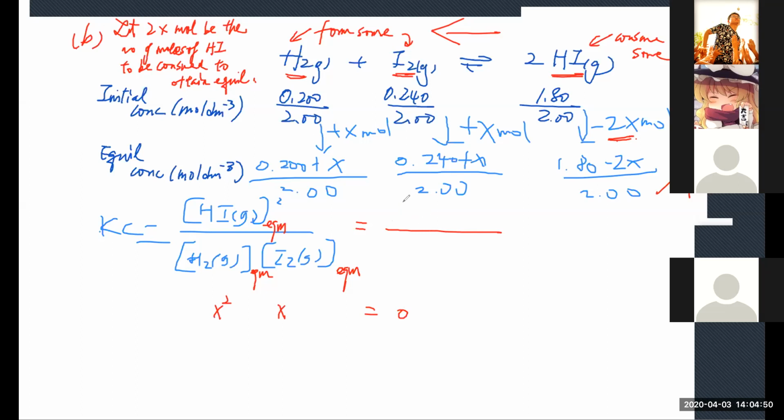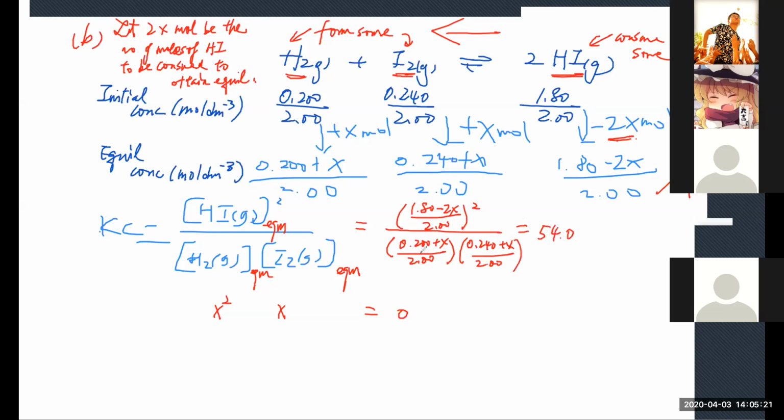Okay, save time. So (1.80 minus 2x) over 2.00, squared, over (0.200 plus x) over 2.00 and (0.240 plus x) over 2.00 equals 54.0.